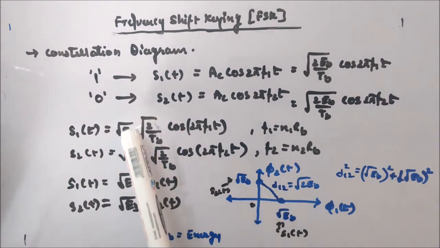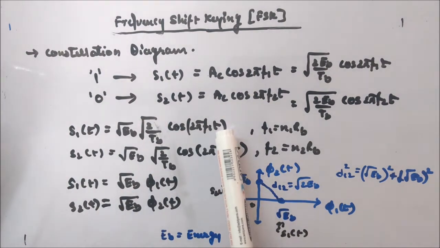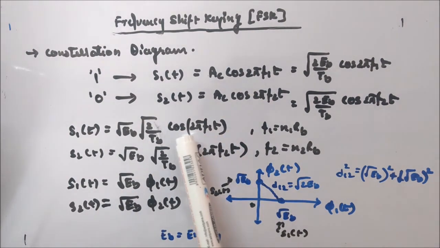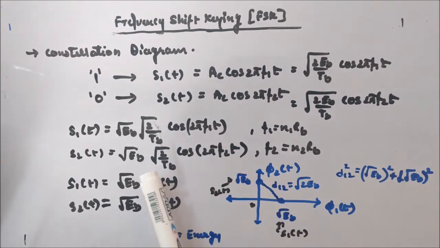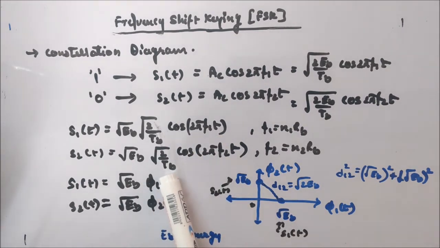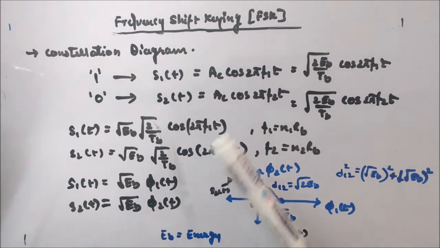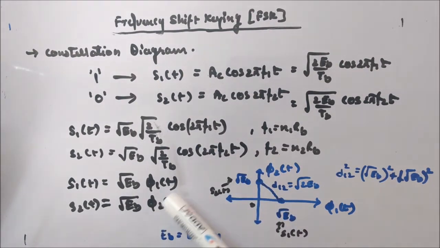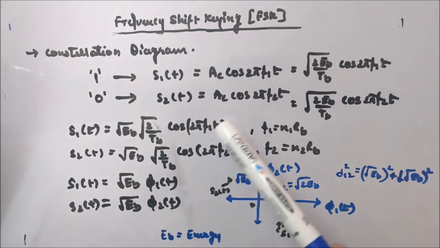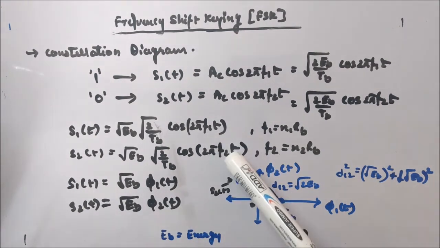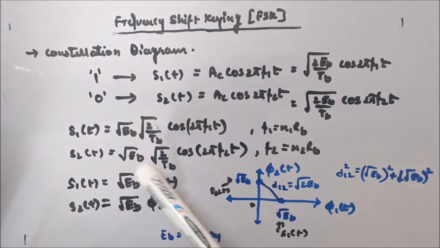Now this part under root 2 by TB into cos 2 pi F1t and under root 2 by TB cos 2 pi F2t, these are my unit energy functions. So I'll write phi 1 t for this and phi 2 t for this. Okay, so under root Eb is same. So that's how I represent in the constellation diagram.